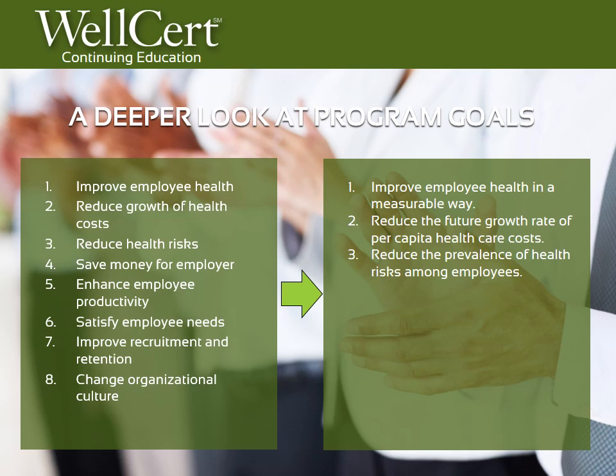So I'm going to want to reduce the numbers of those in my population. I may also want to reduce the severity. So I may want to say reduce the prevalence or severity of health risk among employees. Maybe I put that into a separate goal. So that would be another choice I would have at refining the program goals themselves.